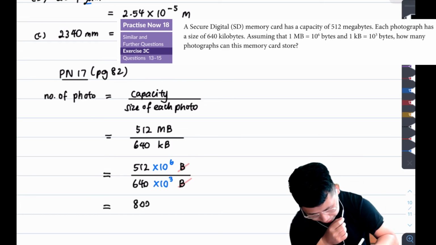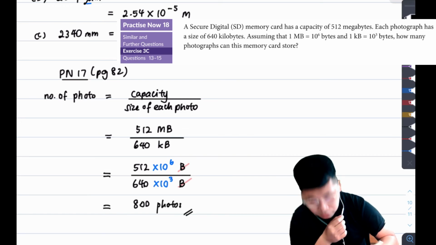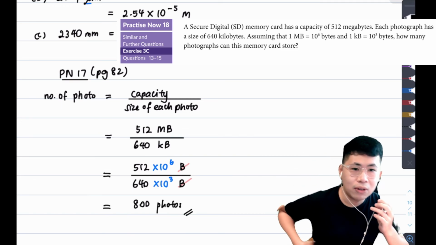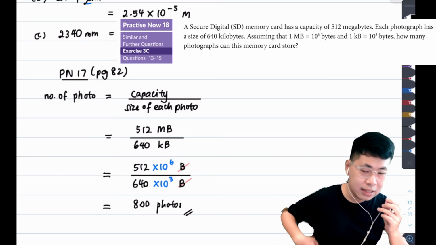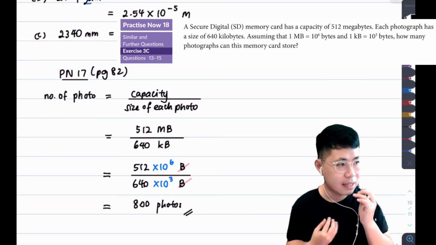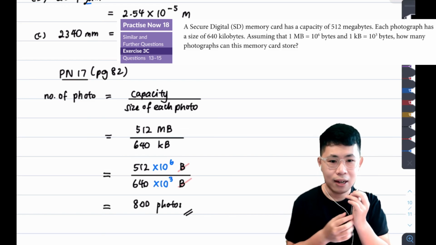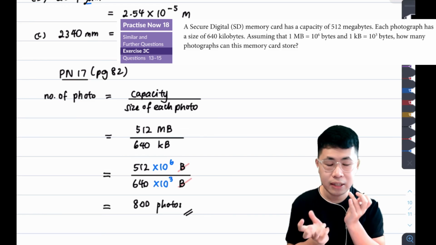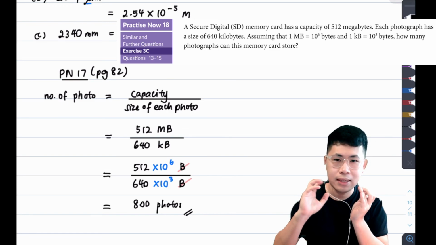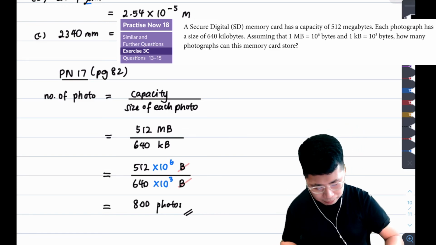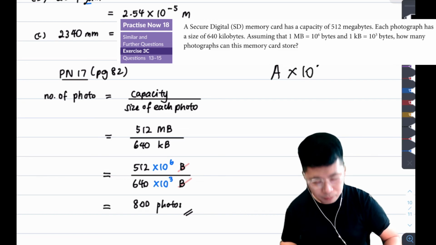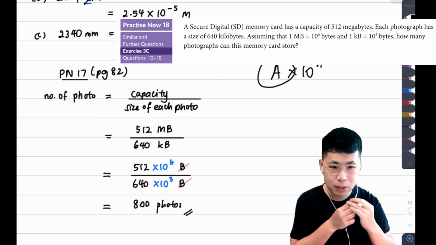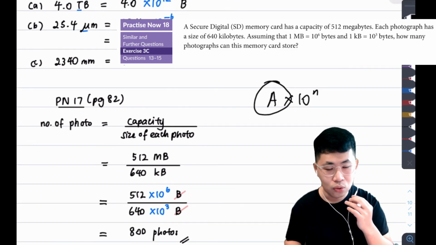So this is one application of standard form and also the prefixes. With this, the summary of the day is we have two different concepts that we're learning today. First concept would be standard form. We have to write a number in this form where this number A is between 1 to 10.